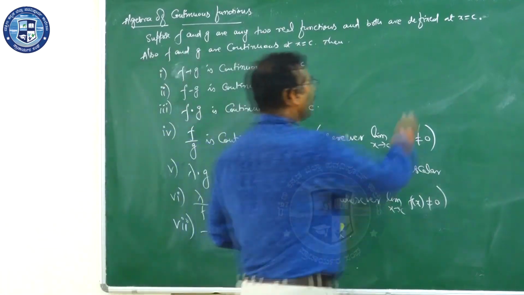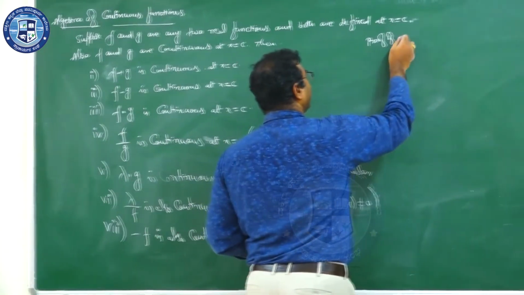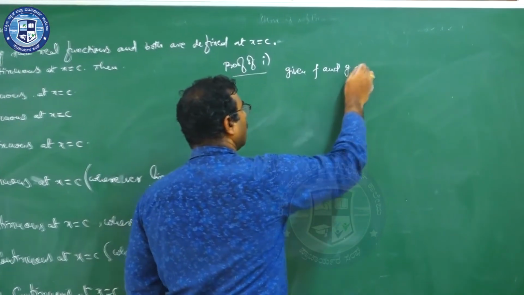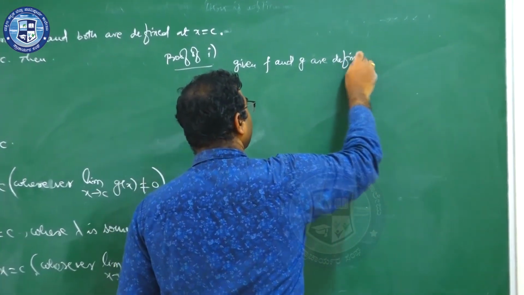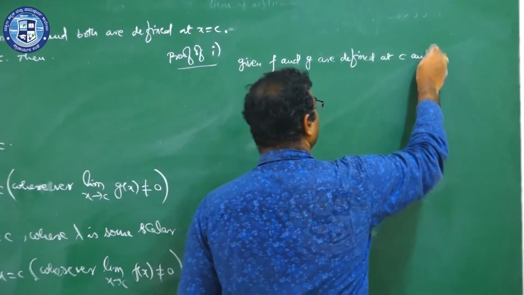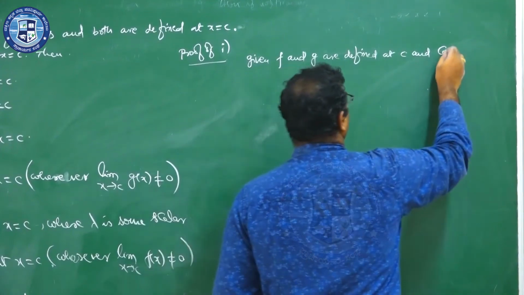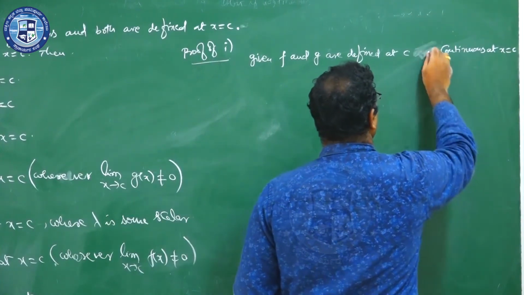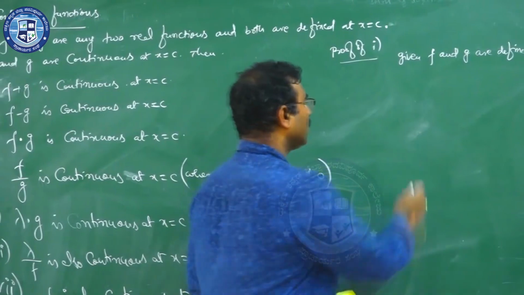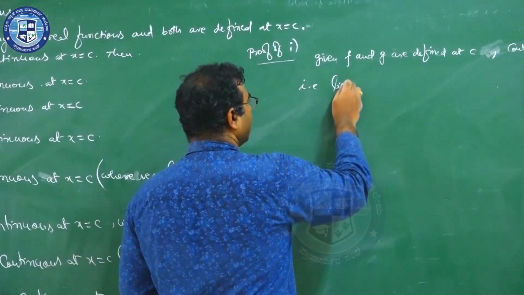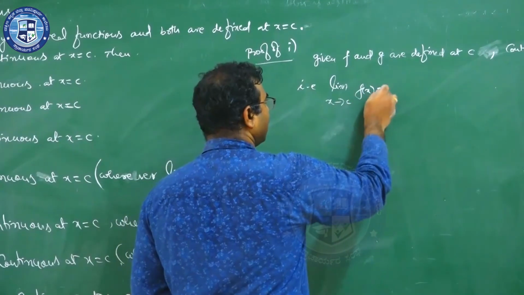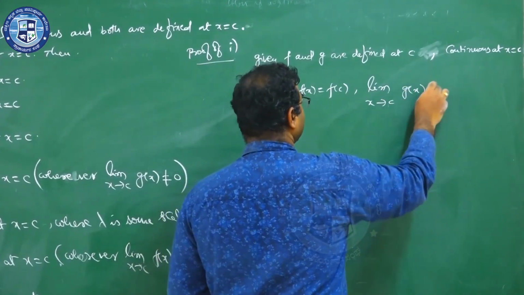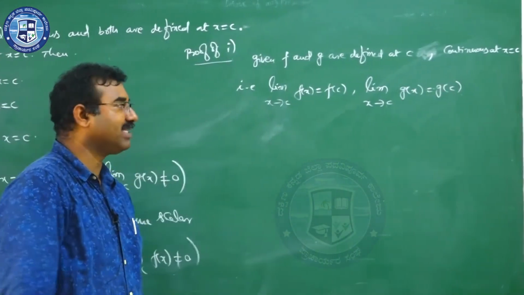Let's see the proof of the first one. What they have given: f and g are defined at C and continuous at x equal to C. So we can write limit x tends to C f(x) is equal to f(C), and limit x tends to C g(x) is equal to g(C), because continuous at x equal to C means this.